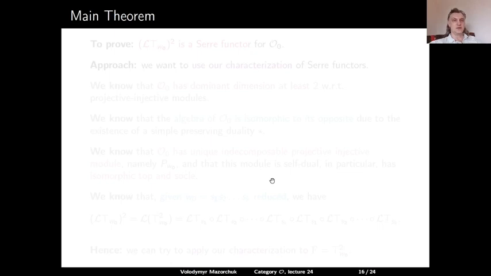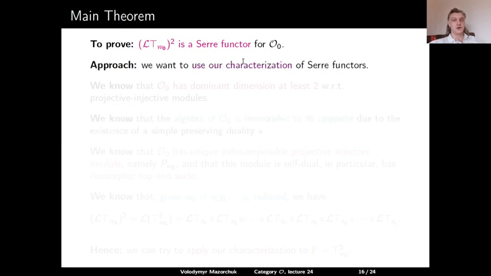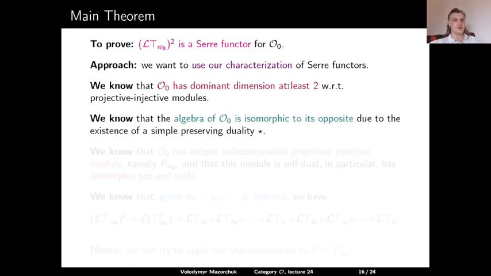Now let's go back to the main theorem. So we want to prove that the square of the left derived of the twisting by W0 is a Serre functor on O0. And of course we want to use our characterization of Serre functors. We know that O0 has dominant dimension at least 2 with respect to projective injective modules.